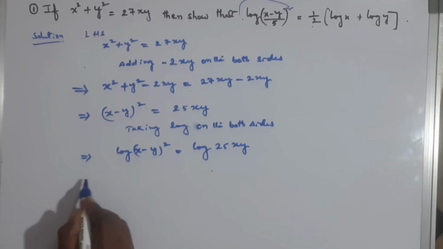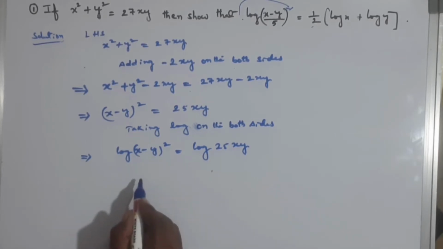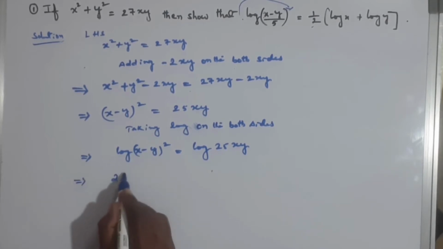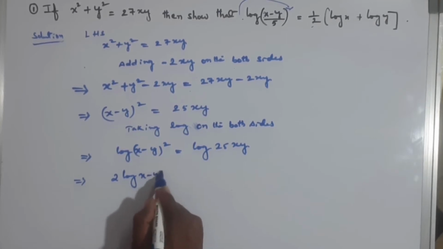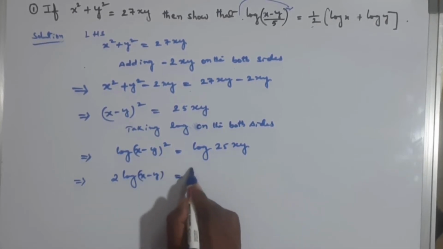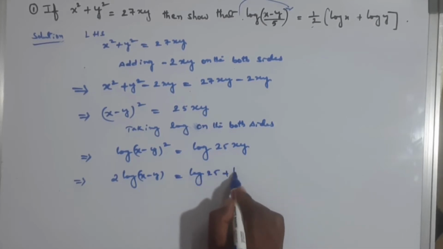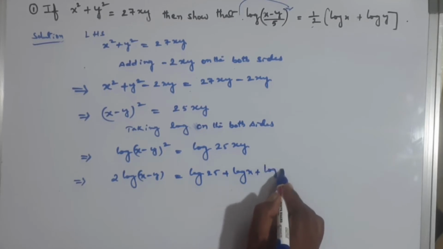Using logarithm formulas, I will write 2 of log of (x minus y) equals log of 25 plus log of x plus log of y.